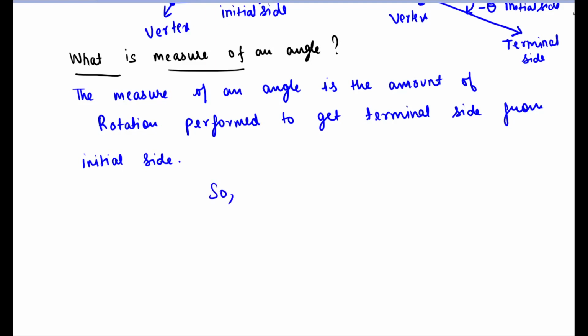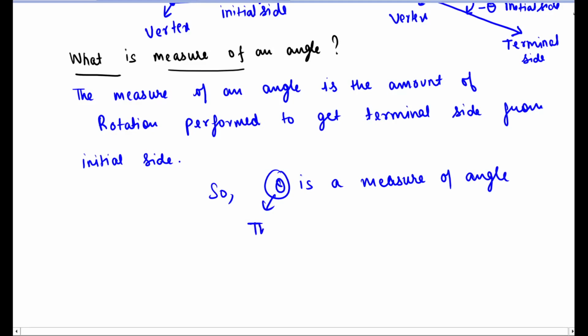So theta is the measure of the angle. It can be positive, it can be negative, based on the position of the terminal side.